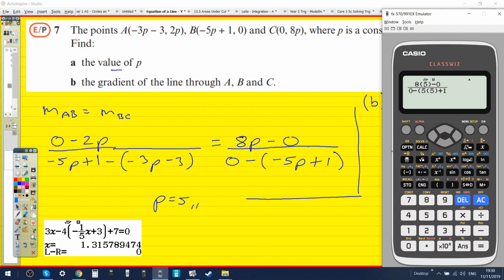Okay, what do you get? I thought that was the gradient. Like, what's the answer? Press equals.